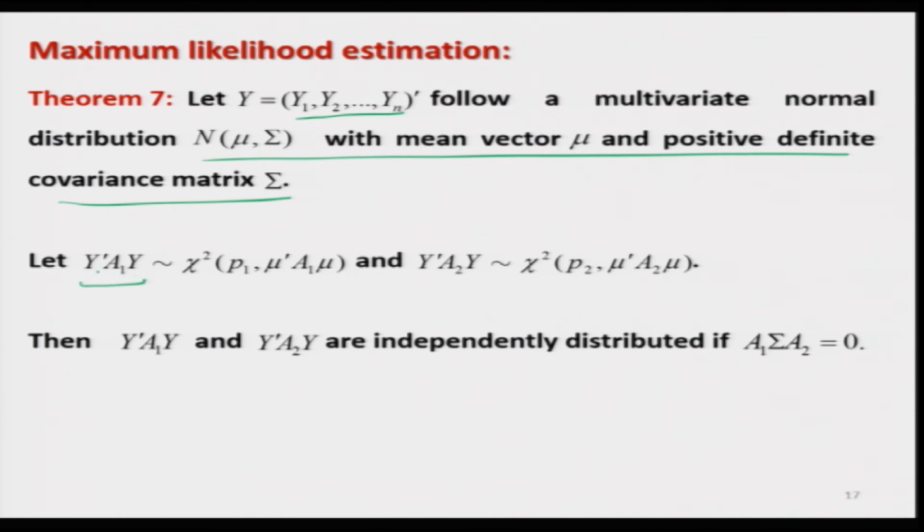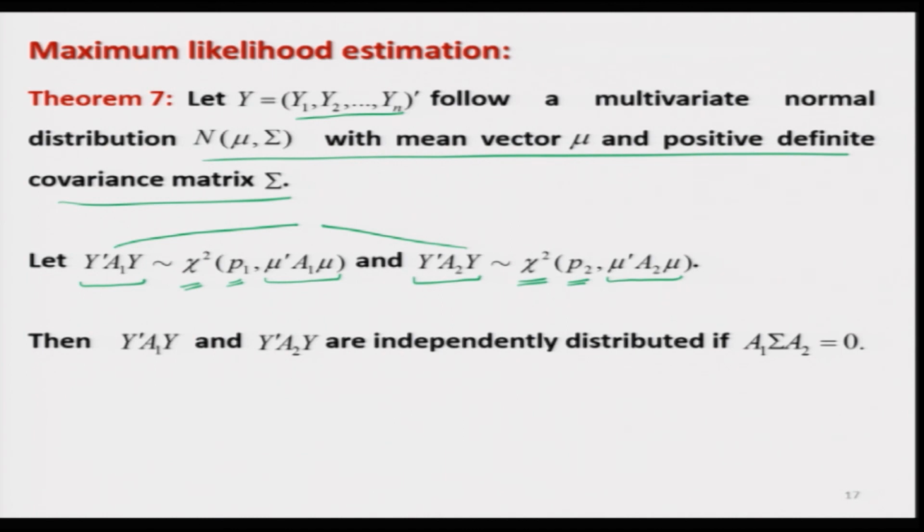So, suppose y transpose A 1 y follows a chi-square distribution with degrees of freedom P 1 and non-centrality parameter mu transpose A 1 mu, and the next quadratic form y transpose A 2 y follows a chi-square distribution with degrees of freedom P 2 and non-centrality parameter mu transpose A 2 mu. Now, the main result is under what type of condition y transpose A 1 y and y transpose A 2 y are going to be independently distributed.